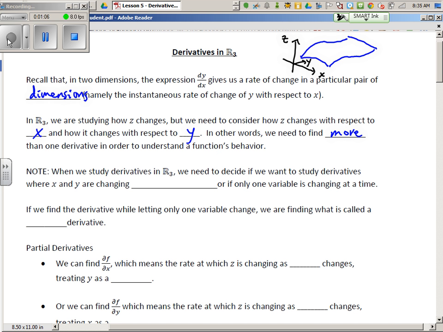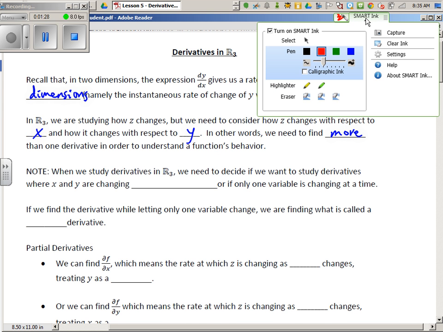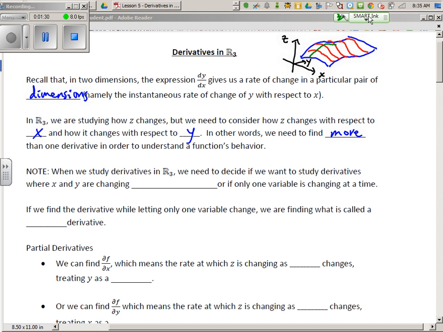Well, it depends on which direction you go. If you travel in a direction parallel to the x-axis, you'll be traveling along one of these red paths. But if you travel in a direction parallel to the y-axis, you'll be traveling along one of these green paths here.